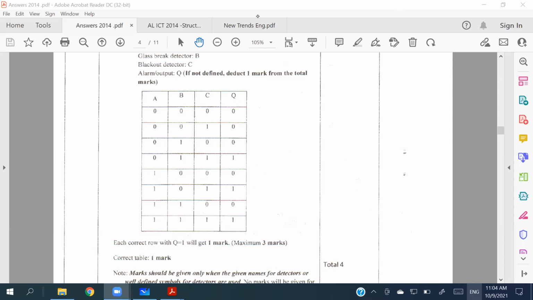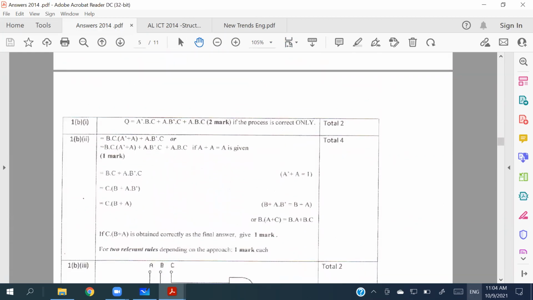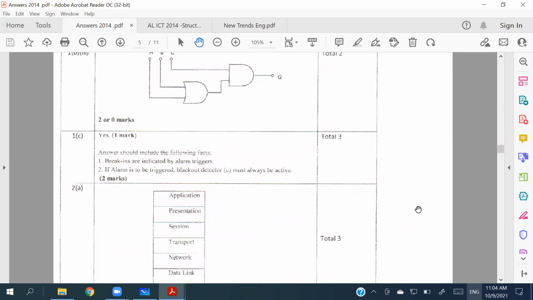Right? So in the marking scheme, they say there is 1 mark for saying yes, and the answer should include the following facts. Break-ins are indicated by alarm triggers. If the alarm is to be triggered, the blackout detector must always be active. Or you can argue in that particular manner.